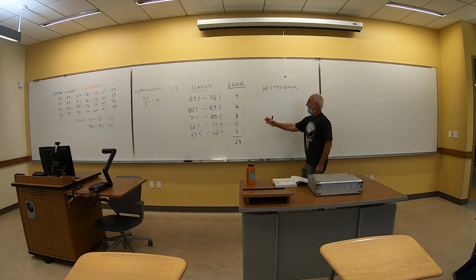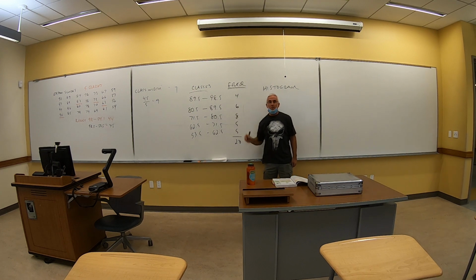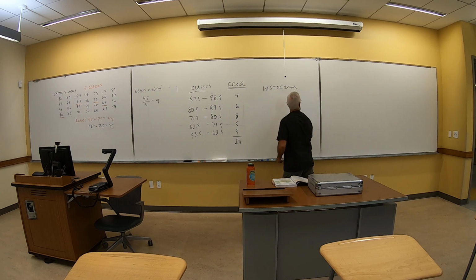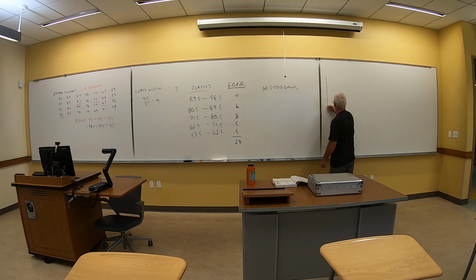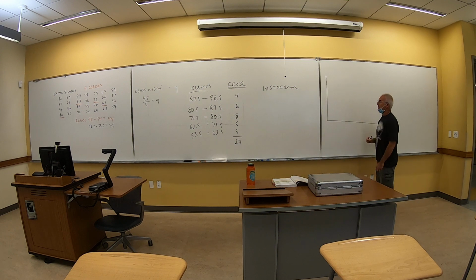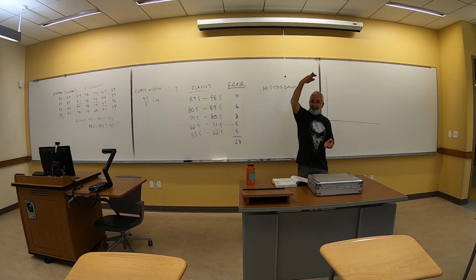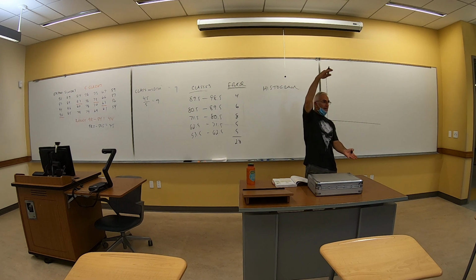Now, this is where my picture is going to come from. Okay? So, when I draw, what is the highest frequency I have? 8. So when I'm drawing this, make 8 really high. Don't squish it.